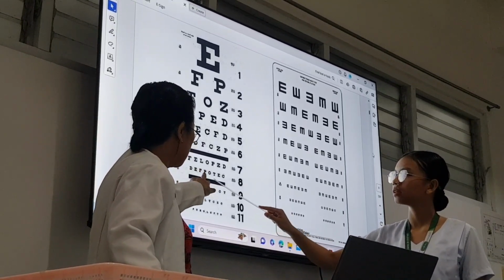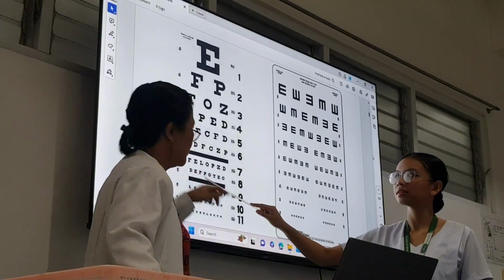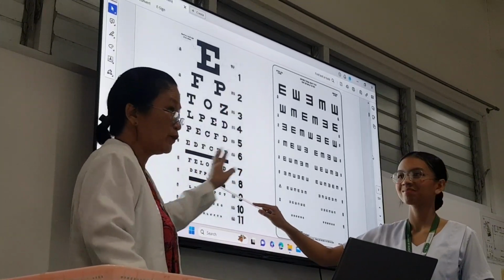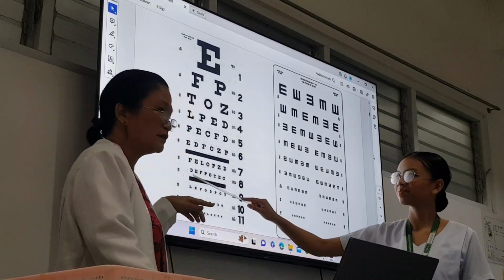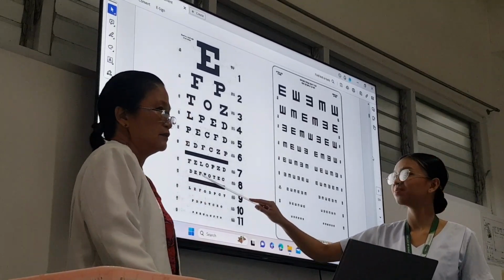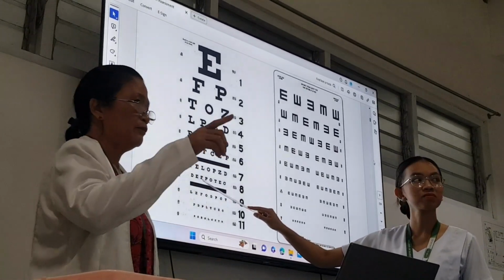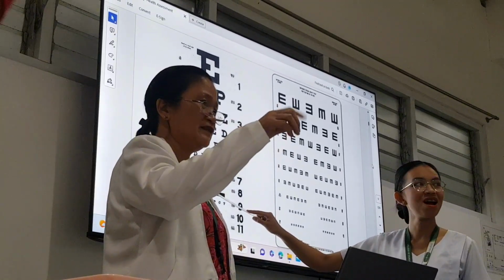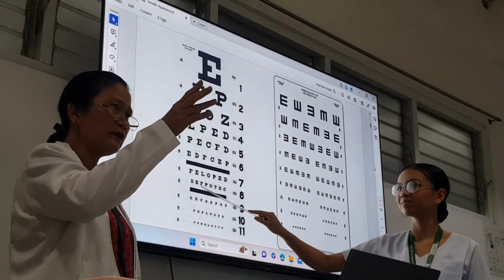Ano to? Ano ulit? Hindi, wag mo na ulitin. Huwag niyo sabihin. Just read kung anong nababasa mo.